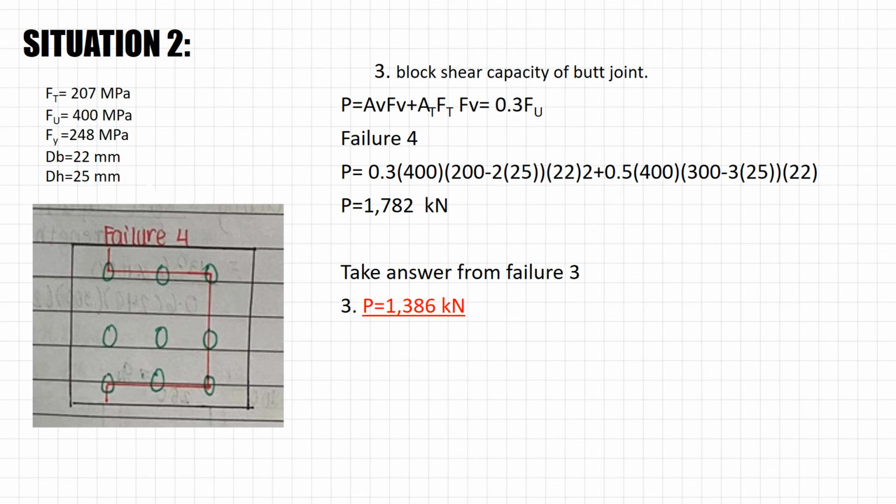P is equals 0.3 multiply by 400 multiply by 200 minus 2 multiply by 25 multiply by 22 times 2 kasi dalawang beses niyang same yung dinaanan niya. Plus 0.5 multiply by 400 multiply by 300 minus 3 multiply by 25 multiply by 22. So P is equals to 1,782 kilonewton. So take answer from failure 3 kasi yun yung pinakamababang value. So P is equals to 1,386 kilonewton. Ito na yung sagot sa number 3.